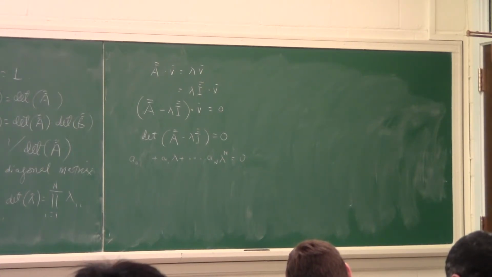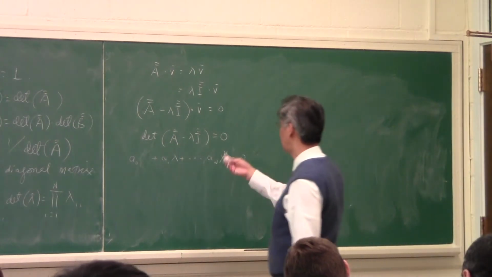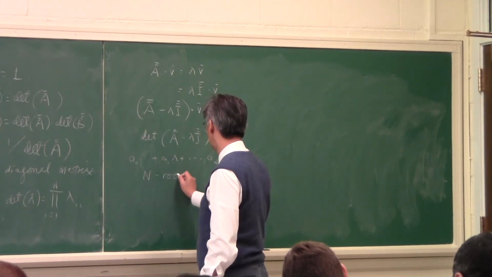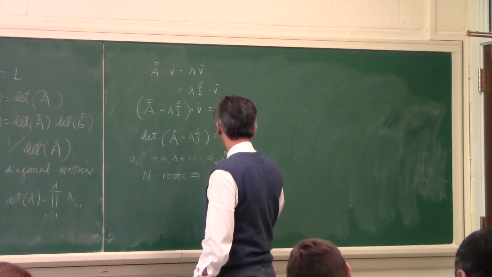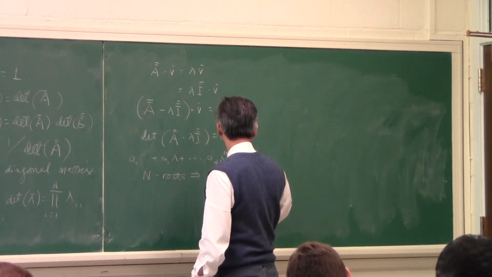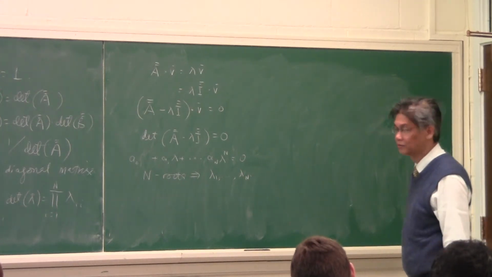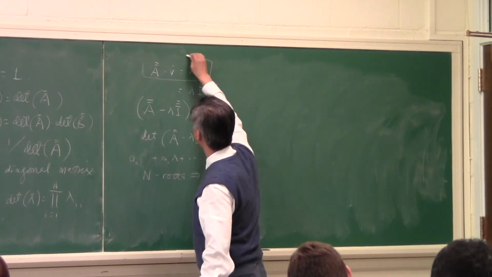And how many roots would this polynomial have? It will have n roots. So in general, if you solve this equation, you have n roots, giving rise to n possible values of lambda. And those are the values with which you can find a solution like this.